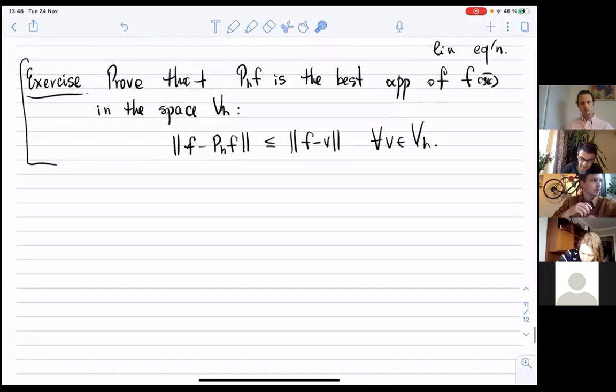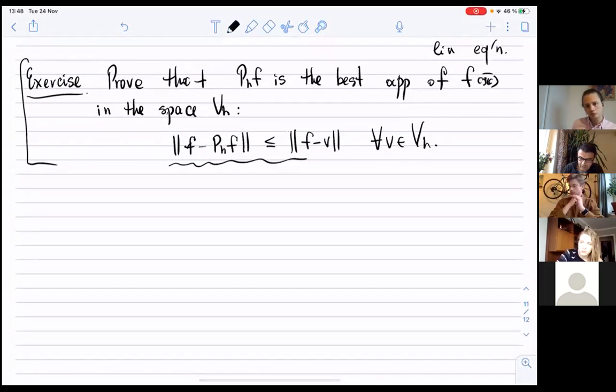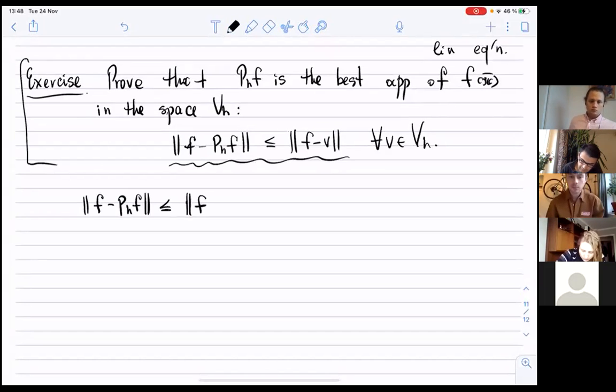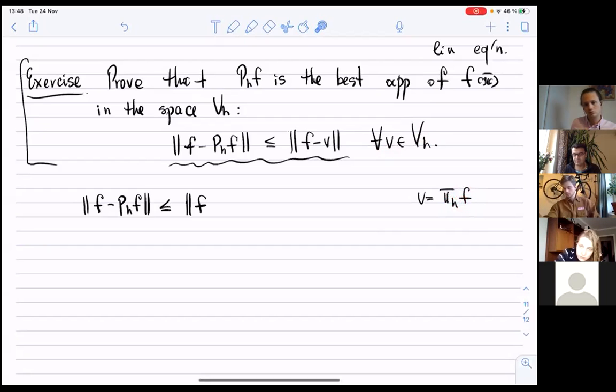Okay, but there is one thing that I can also mention. By using this property, we can actually say that F minus PHF can be less or equal to F minus, so instead of V, we can choose V to be the interpolant of F, right? Because this is true for any V. The interpolant of F is also one of the elements of this function space. So this is also true.